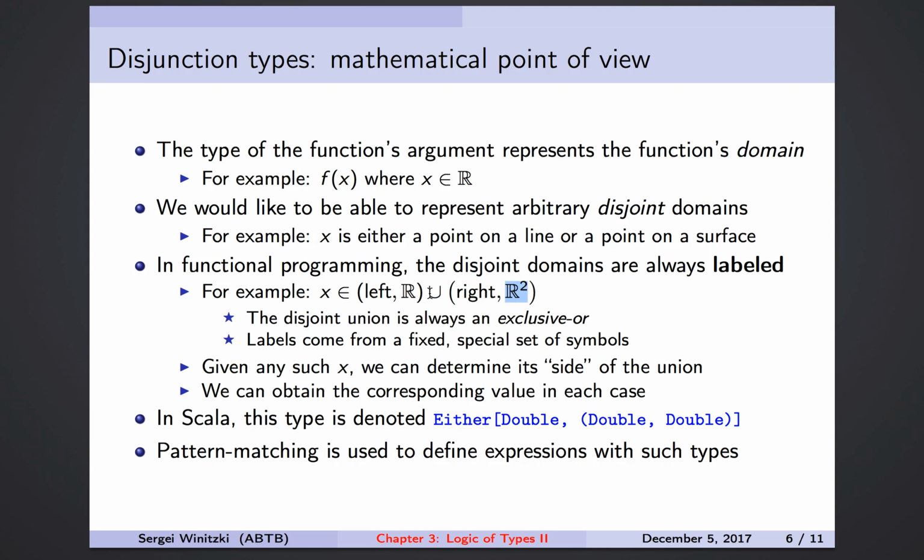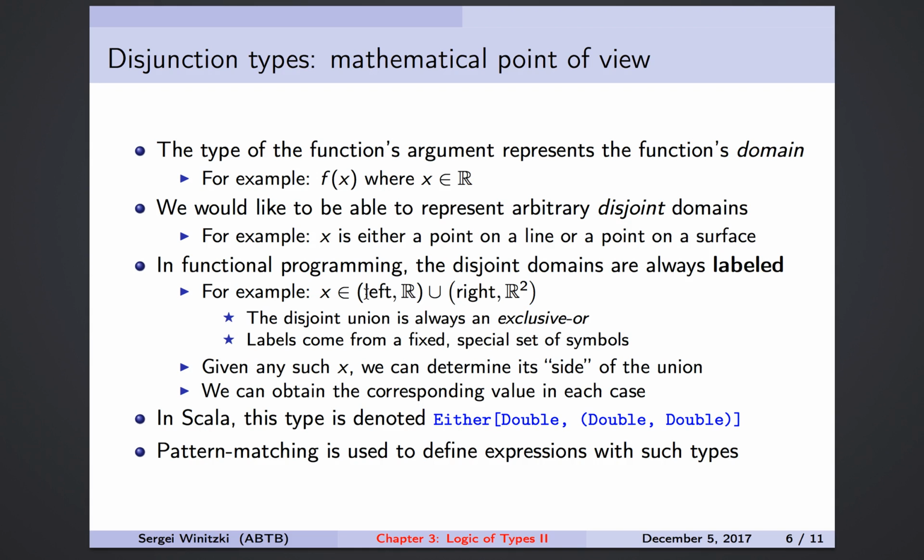And then we make a union of these two sets. Now this is a labeled union because each set has this label, and so even if this were R and this were also R, there would be no way to confuse an element from the left part of the union and the element from the right part of the union. And so the disjoint union is always an exclusive OR. It's never inclusive OR.